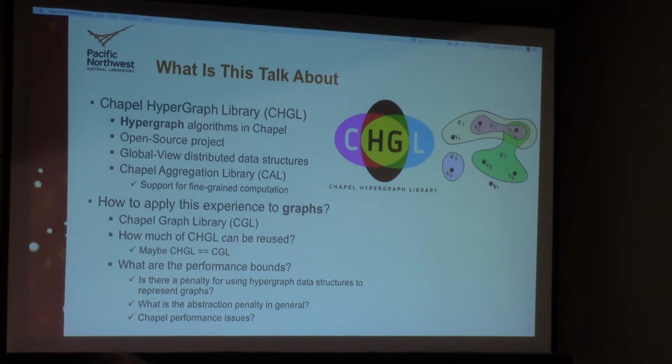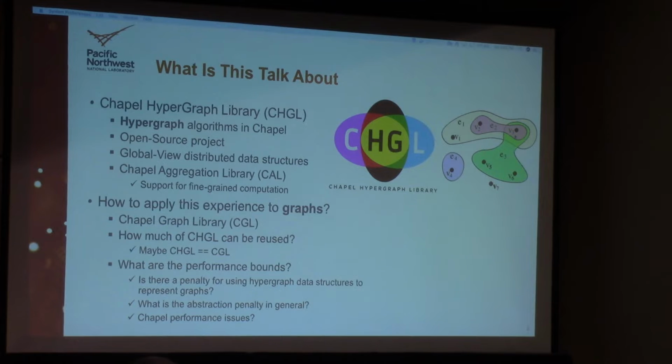So this talk is about CHGL and CAL, the Chapel Aggregation Library, which helps support fine-grained communication, and how to apply both of them to get good, efficient graphs, making them two-uniform. It's also an exploration of how much of the Chapel HyperGraph Library can be reused.